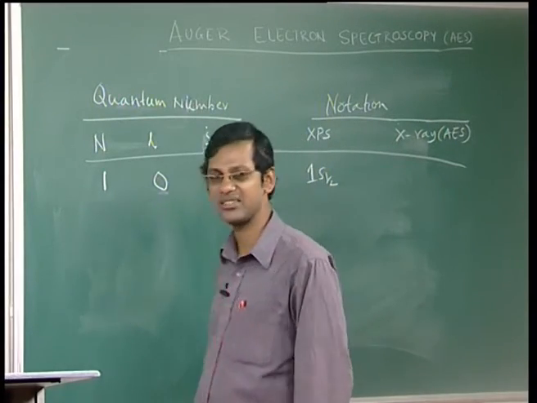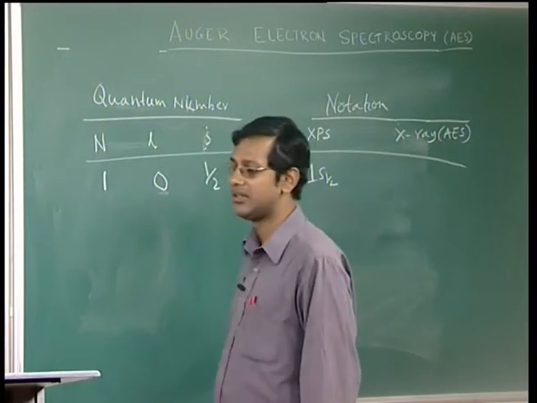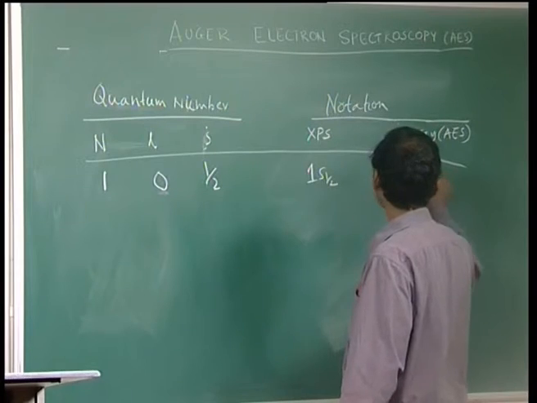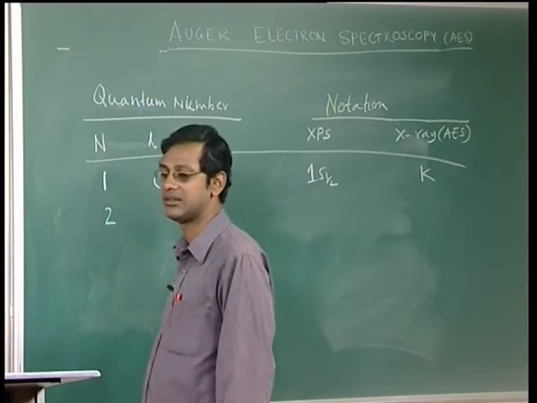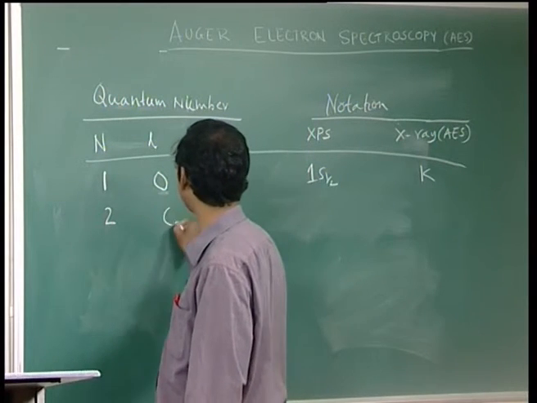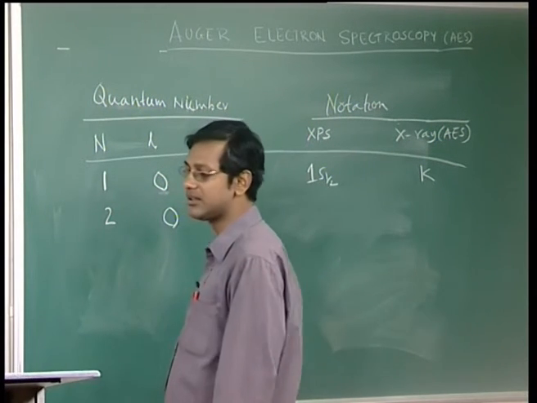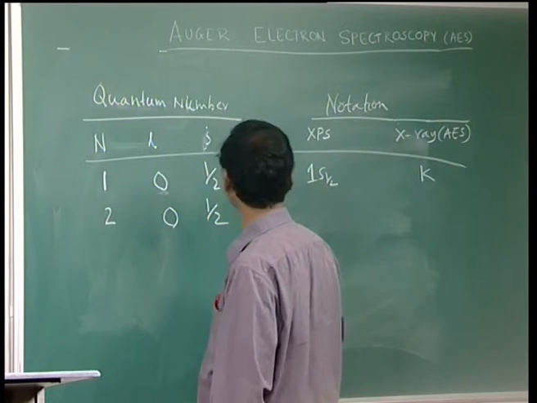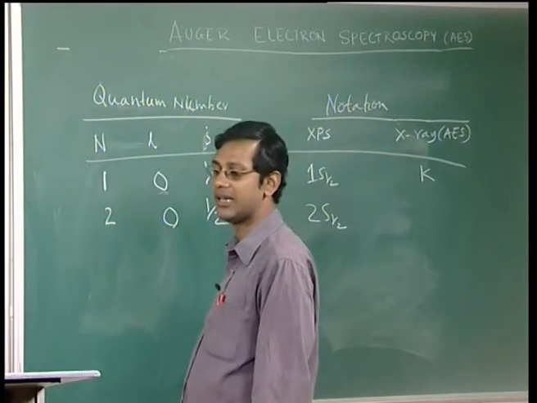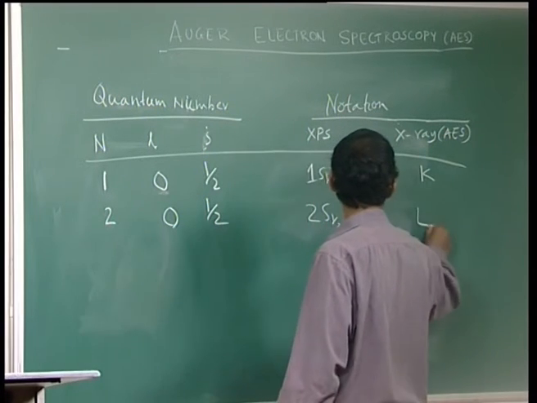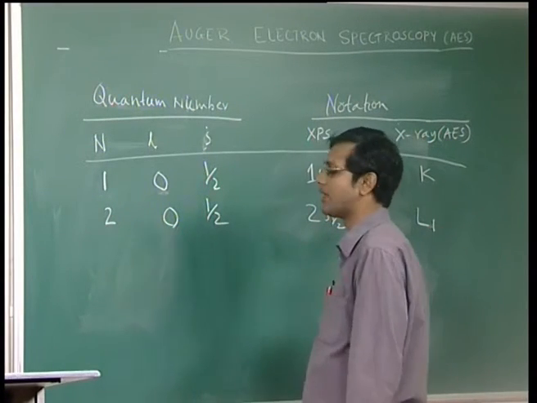This is just 1s, there is no need of writing the half. In X-ray we use this as K. So if n is 2, l becomes 0 and this becomes half. What do we use in XPS? We use 2s half, and this corresponds in X-ray to L1.